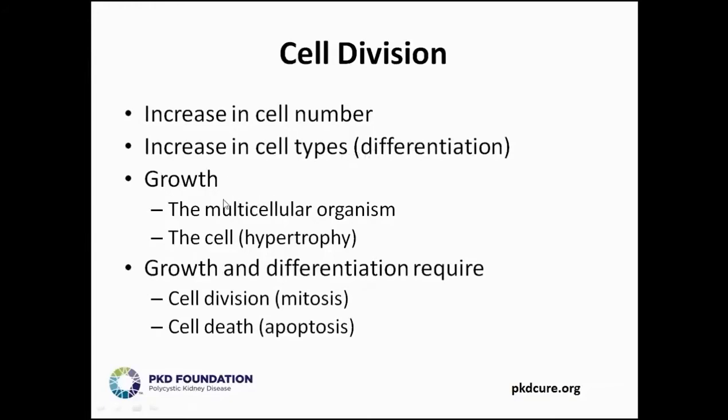So growth in a multicellular organism requires cell division, and growth of individual cells, which sometimes happens. For example, neurons can be 4 feet long. This is called hypertrophy. Both growth and differentiation require cell division, and oddly enough, they require cell death.